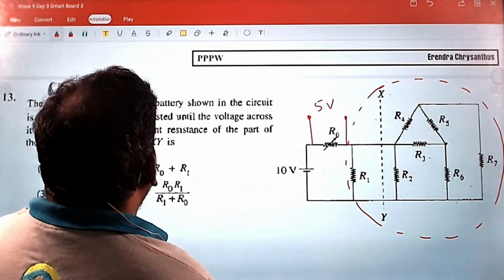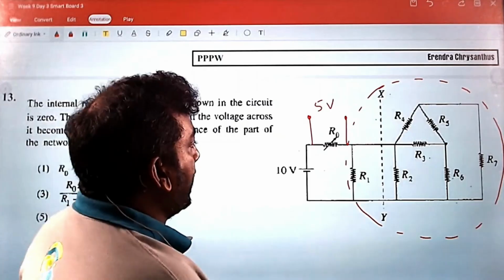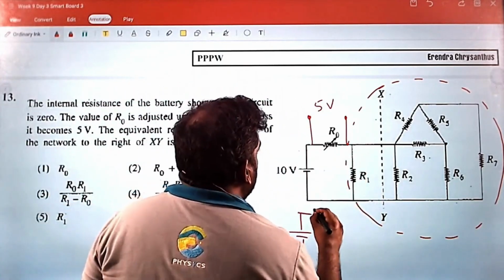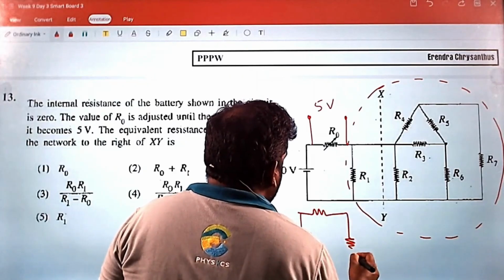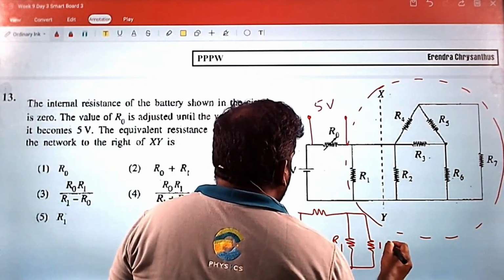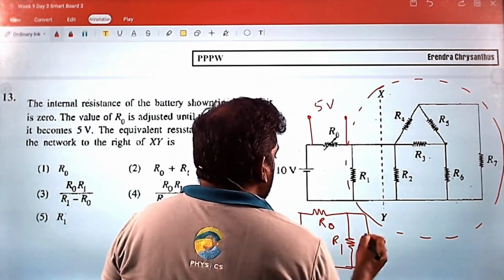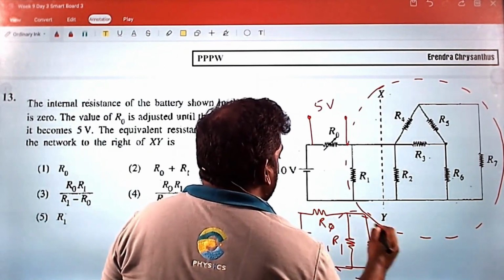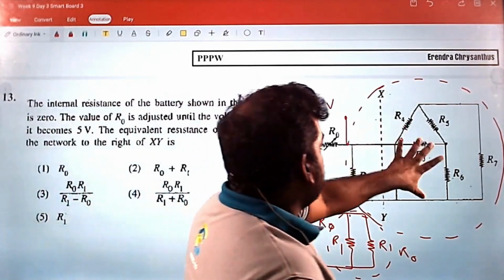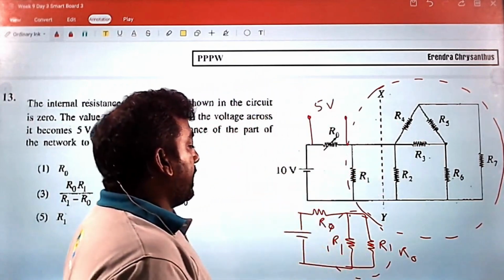So equivalent resistance of the part of the network shown by XY. Okay. So here we can say, here R0, here R1. This part we don't know, let's say R. So this effective resistance should be equal to R0. When the resistances here and here are equal, only voltage will divide.